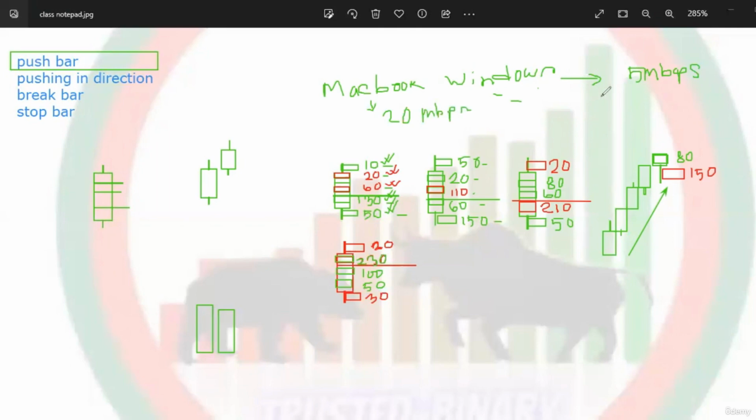Suppose I am using 3G, you are using 5G. It totally depends on the internet connection.